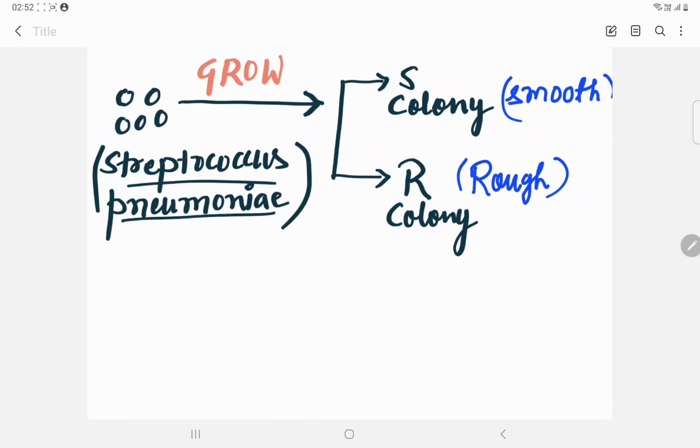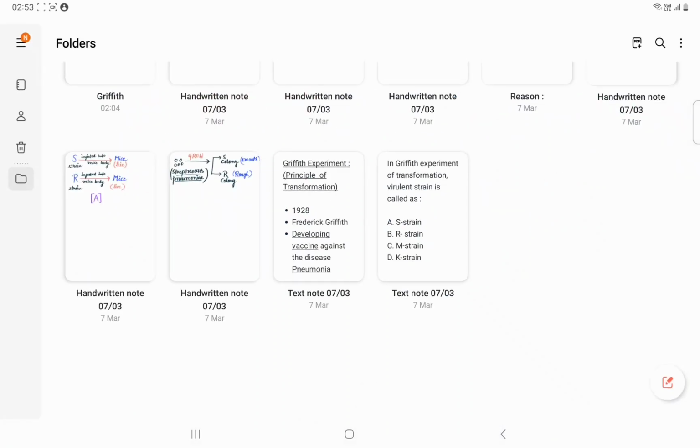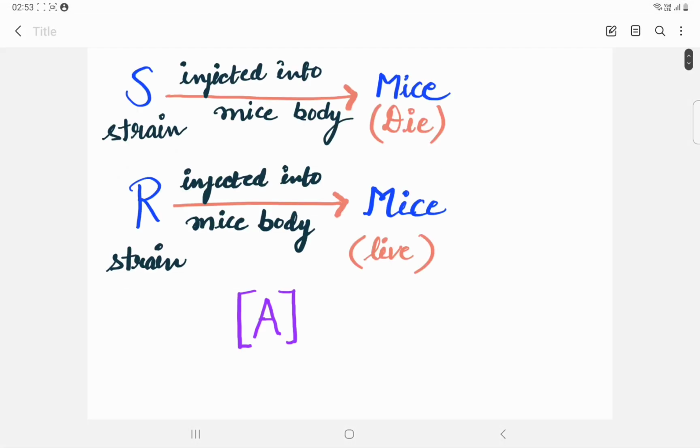Now coming back to the experiment conducted by him using this bacteria, Streptococcus pneumoniae, having two types of colonies. In one set of experiment, I have named it as A. In set A, he took S strain of the bacteria and injected it into the mice body.